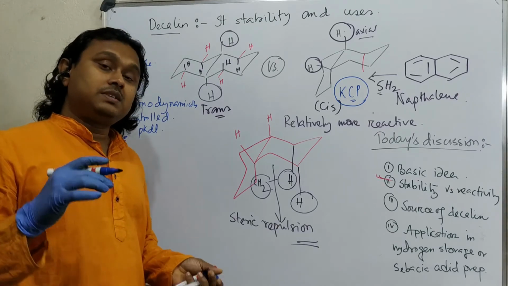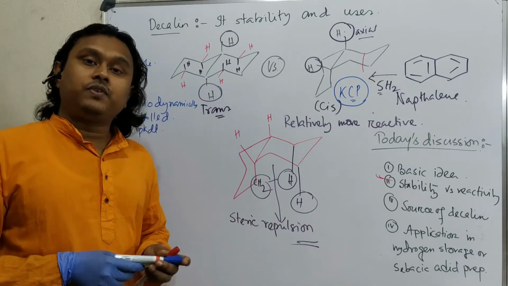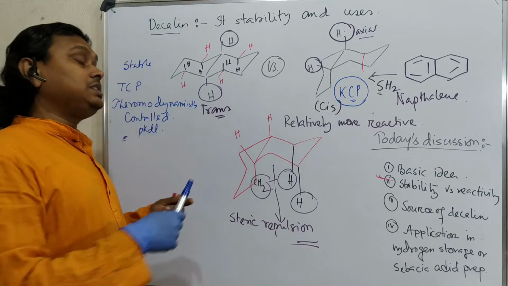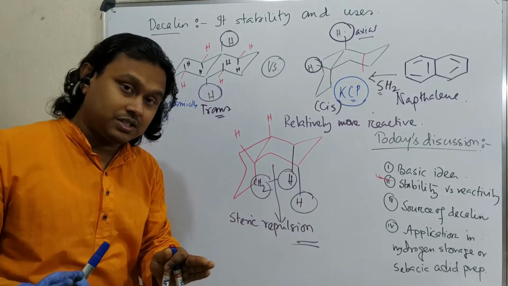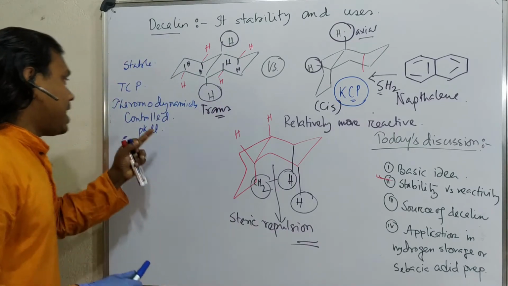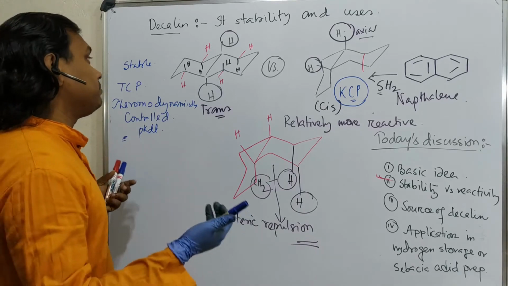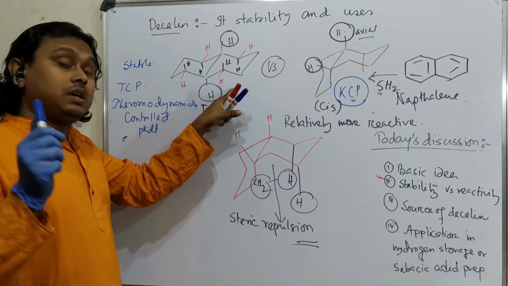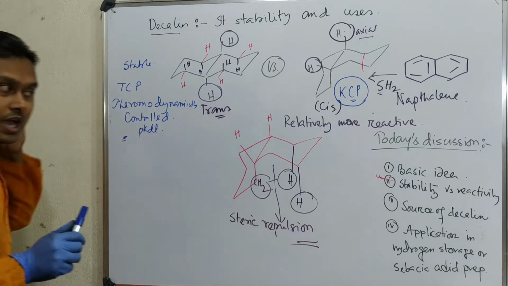I will discuss this thing separately in some next dedicated video. Generally, very reactive catalysts like nickel derivatives prefer to give KCP under less drastic conditions, means relatively low temperature. And very stable catalysts at high temperature, like palladium, prefer to result in the thermodynamically controlled product, that is TCP, means trans.